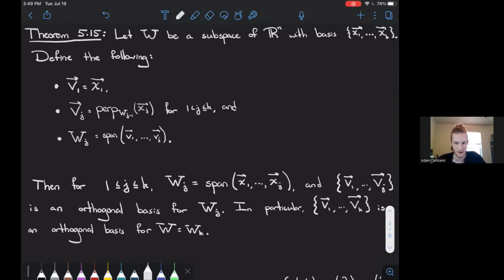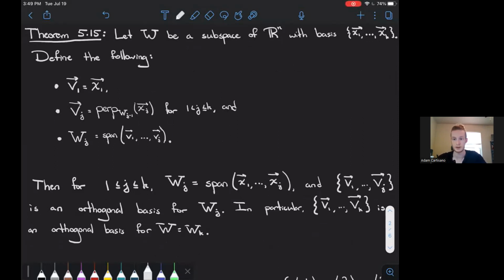That's how we start. What do we know? What we know then is that for any value of j, the Wj's that we've defined here, spanning these new vectors, is the same as spanning the first j vectors of the original basis.